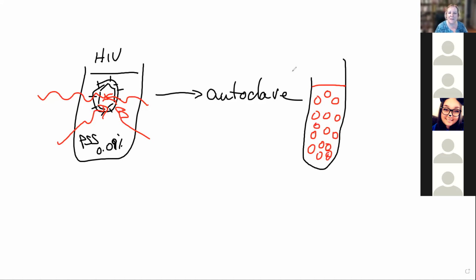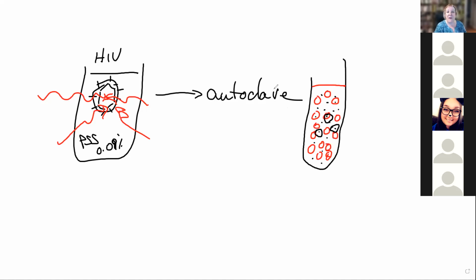This is from a patient who is HIV positive, so they have virus in their blood. They're probably not going to be inside the red blood cells, but they would be inside some of the white blood cells. So let's get some white blood cells in there.